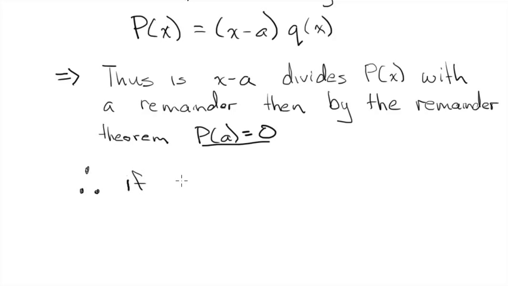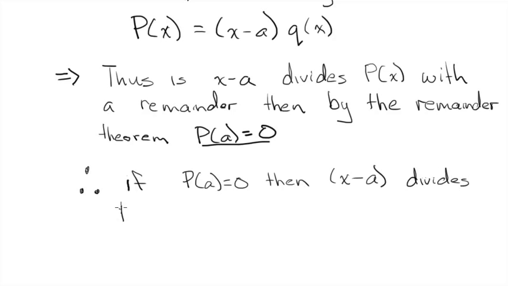Therefore, if p at a is 0, then x minus a divides p at x with a remainder of 0, meaning it's a factor.